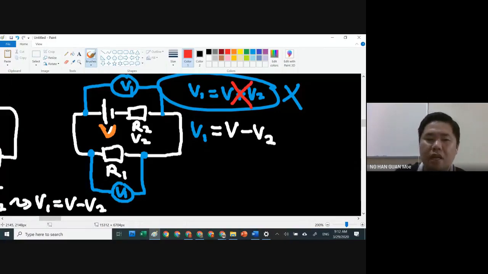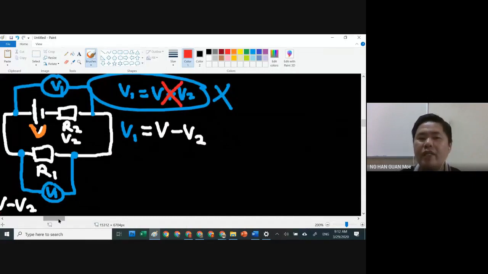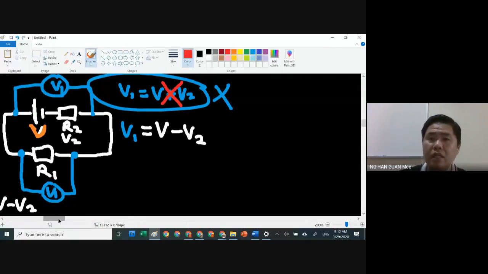If you see the output as an internal resistance, because the internal resistance is inside the battery, we cannot measure it physically.